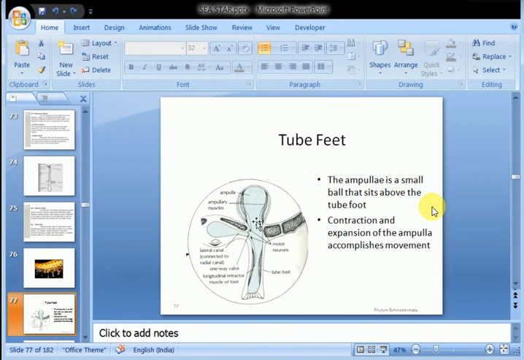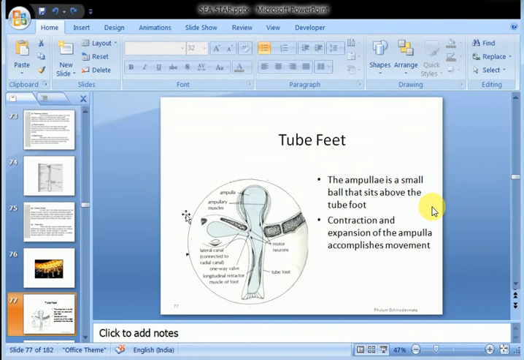Between these ossicles, through these spaces, it emerges out, and here this is the podium part of the tube foot. Of course, here also the muscles are present. There is the longitudinal retractor muscle, and the last part is the sucker. So this is how a tube foot looks in section.